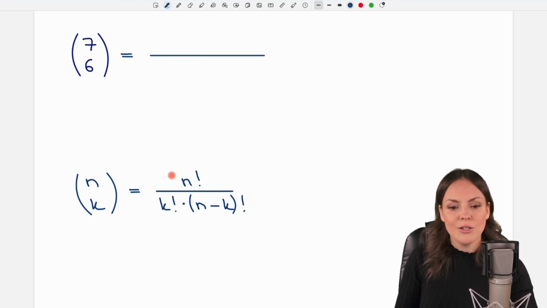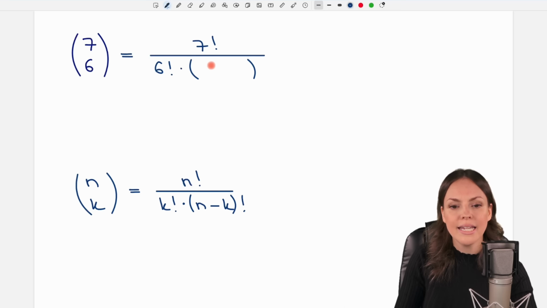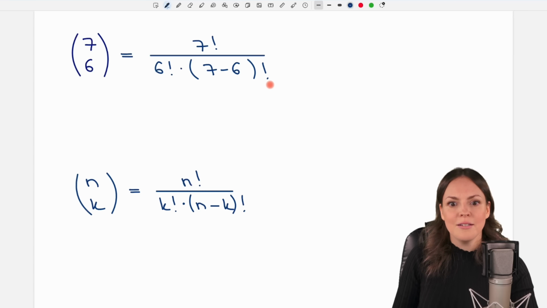We have our n, so the upper number here, the 7, and factorial. Okay, and down here we have this k number, the 6, and factorial as well, times, then we have parentheses. In here, we subtract these two numbers, so 7 minus 6, and then don't forget the factorial at the end. Okay, lots of factorials in here. Let's see, what is 7 factorial?